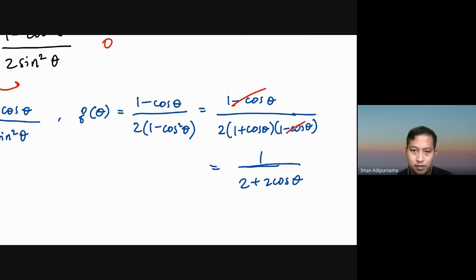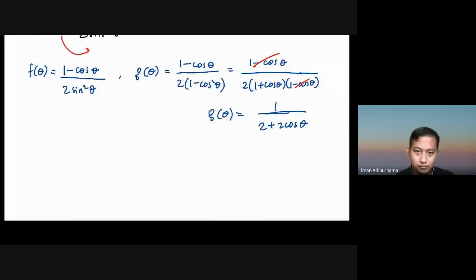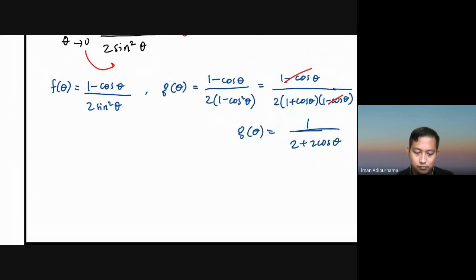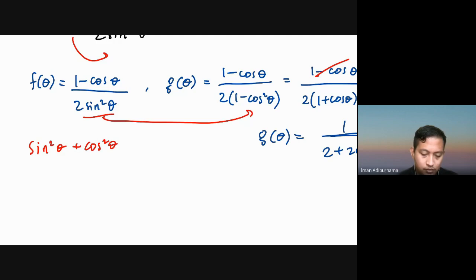So I will have this as a new function called g. Okay, so these are steps that need to be taken carefully. If you forget why I'm writing here, first you have this identity, right? And then you can write this as this.